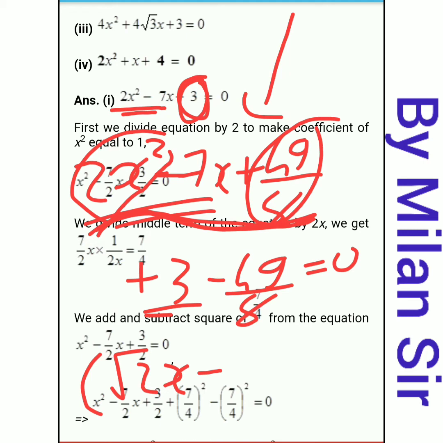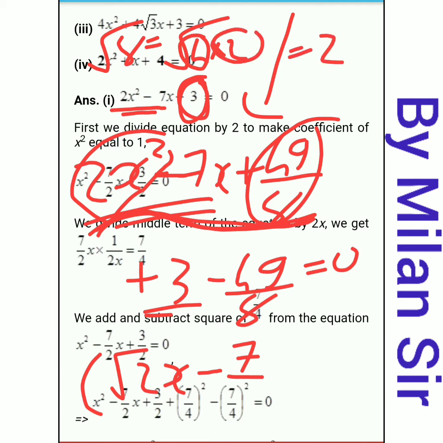Now square root of 49 is 7, and square root of 8. Now under root 8, that means 4 times 2, right? Square root of 4 is equal to 2, and this 2 remains as it is. So alternately we can write this 2 under root 2. Okay, square root of 8 is 2 under root 2, so we need to put here all square.